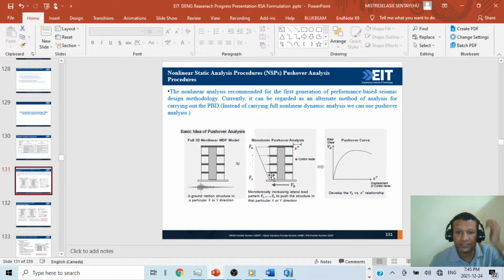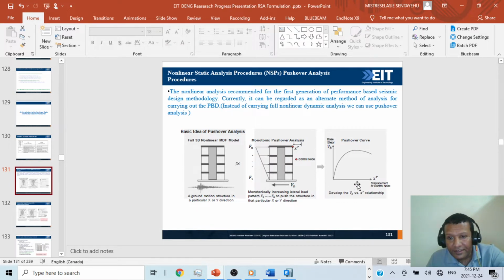For example, this is the force, say the first mode force. We apply it progressively, starting from lower to higher, as a monotonically increasing lateral load pattern from F1 to Fn. Then the pushover pushes the structure in that particular X or Y direction.